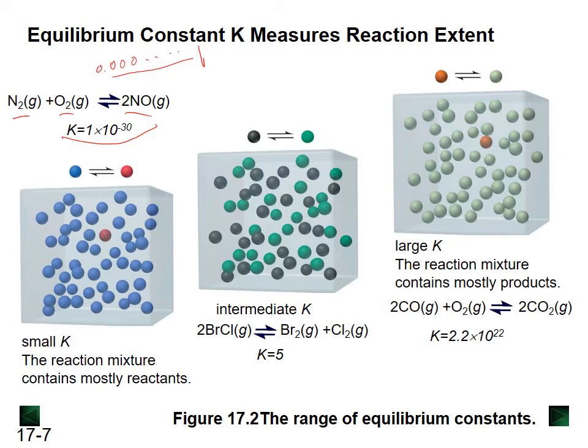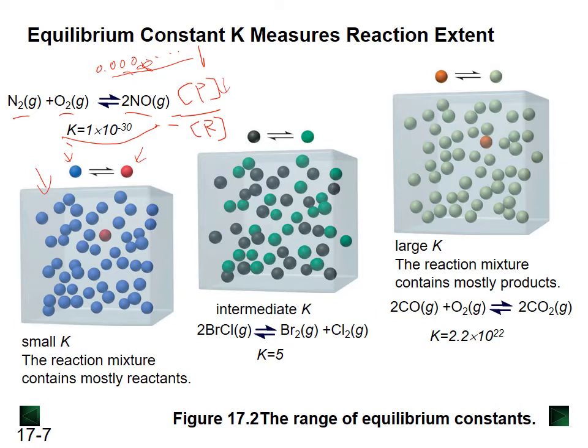So remember K is the concentration of product divided by reactants. So if you have a very small K, that means the product is small. If you look at the diagram, the reactants are represented by blue dots and the product is red.